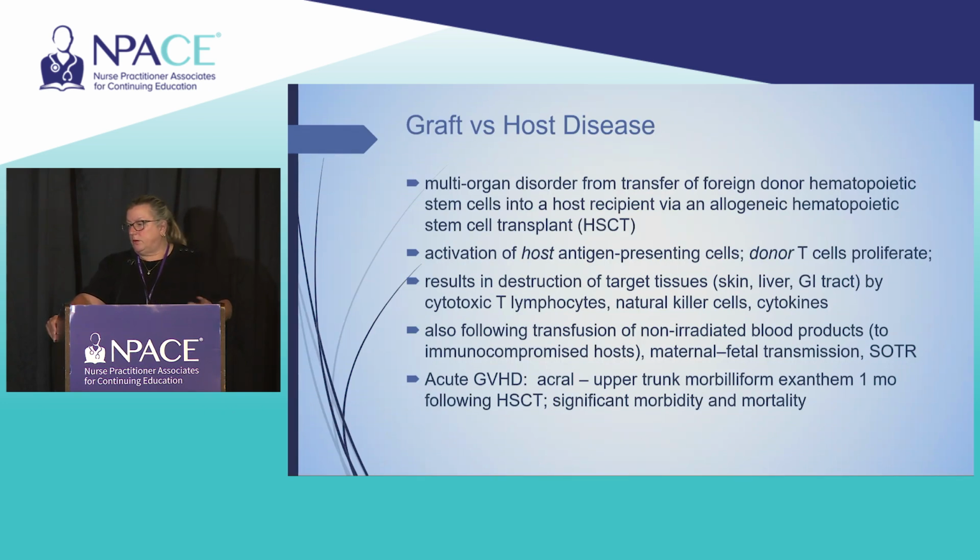It also will trigger natural killer cells and cytokines. And it initially has an unusual presentation in an acral distribution, so from extremity to upper trunk, morbilliform or measles-like eruption.